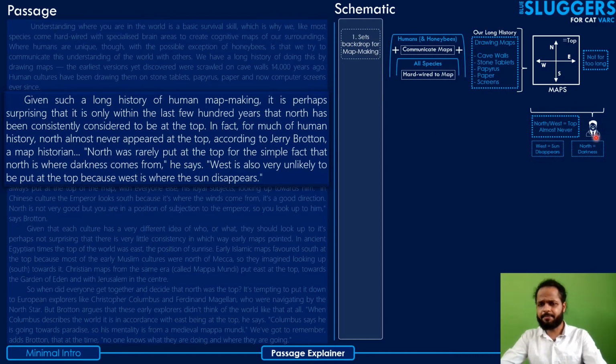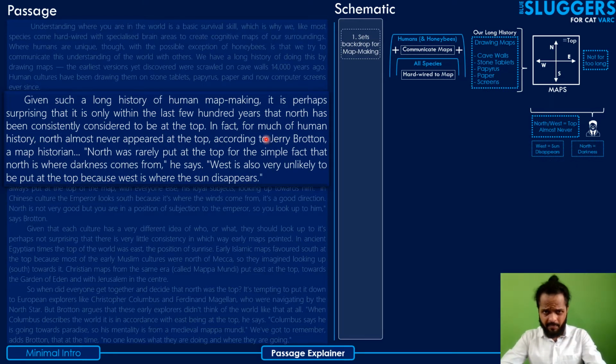So he has cited from this expert the reason why north was hardly ever put at the top in the history of map making: there was a negative connotation associated with the direction of north. People used to think that north is where the darkness comes from, and that's why they would not be very comfortable putting north on the top of the map.